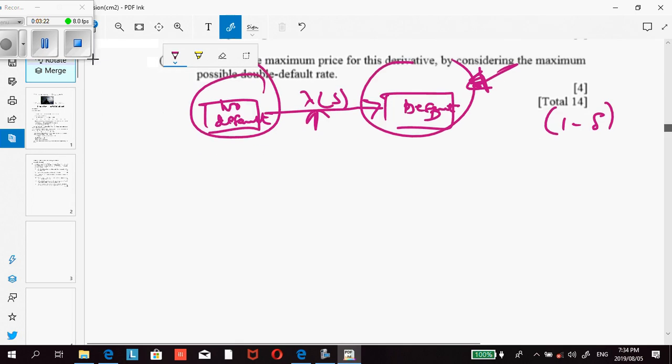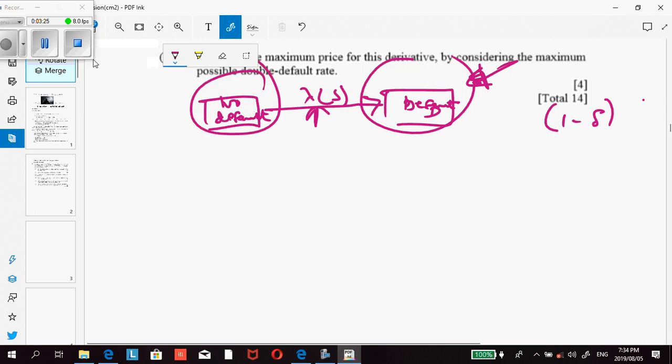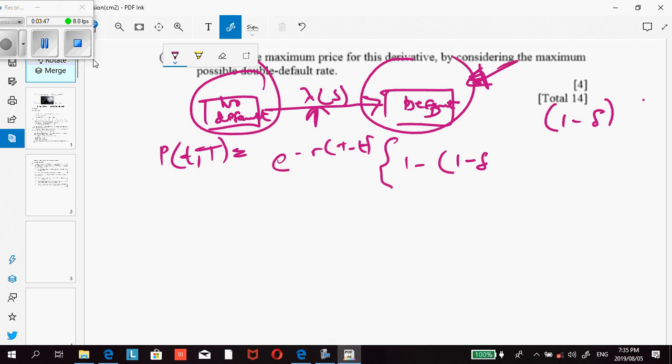And you know, we've been discussing that under the two-state model, the price at time little t for a bond maturing at time big T, paying 1 at time big T, is equal to e to the power minus r times (T minus t), multiplied by 1 minus (1 minus delta) times the probability of default under the two-state model, which is 1 minus e to the power of minus the integral from little t to big T of lambda of S ds.